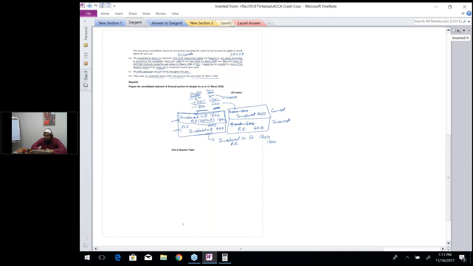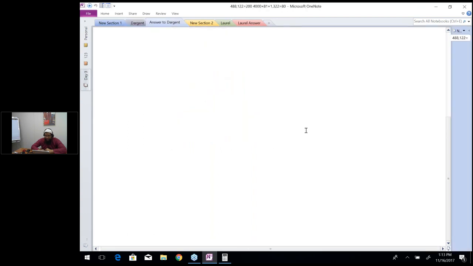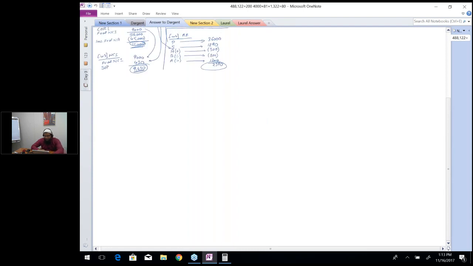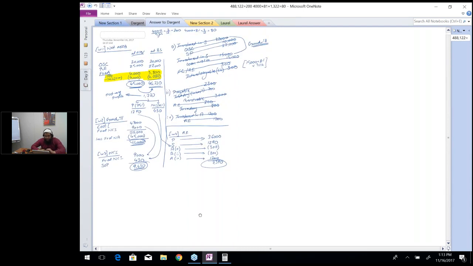Simran, now we are going to end the session because we have already completed the time. And now this is the answer. So you can take the snapshot of this too. The working 1, 2, 3 and the double entries and the working 4.